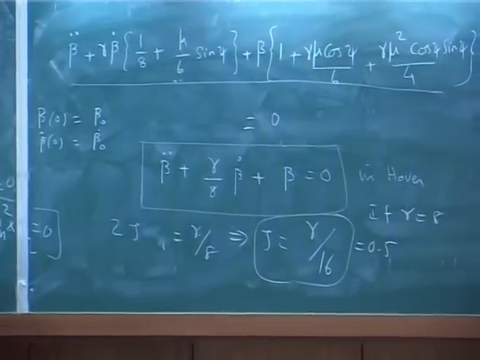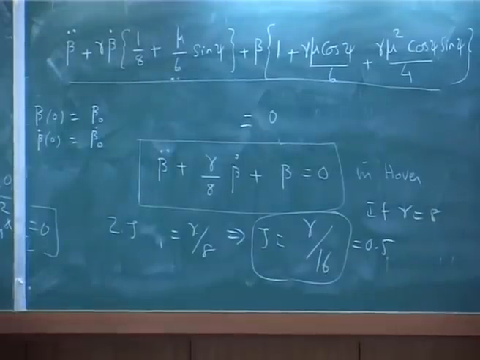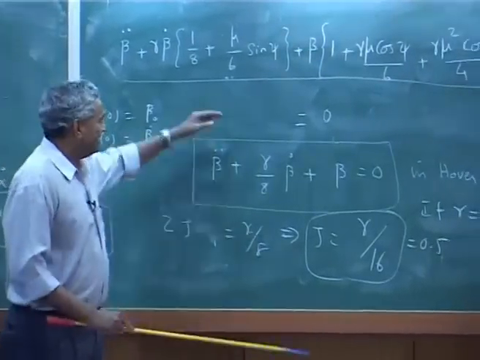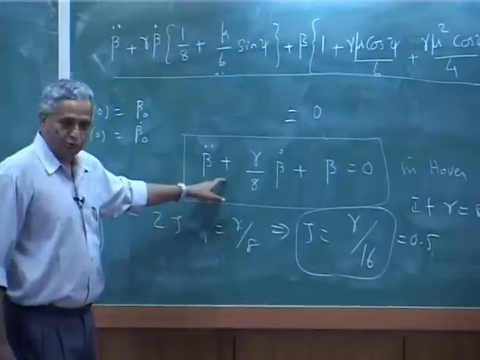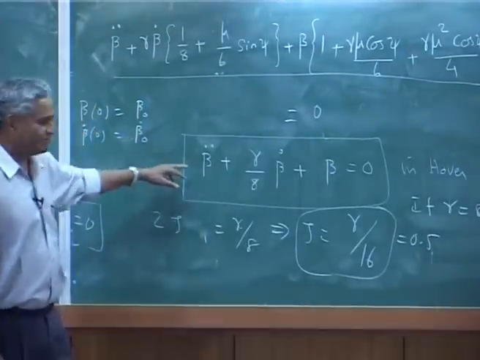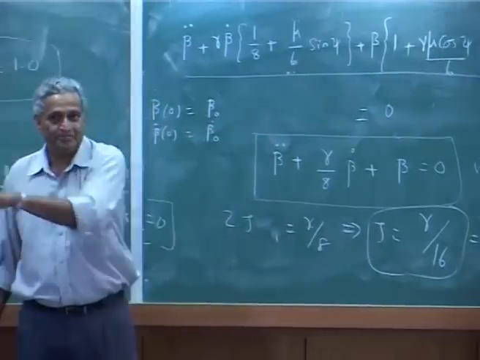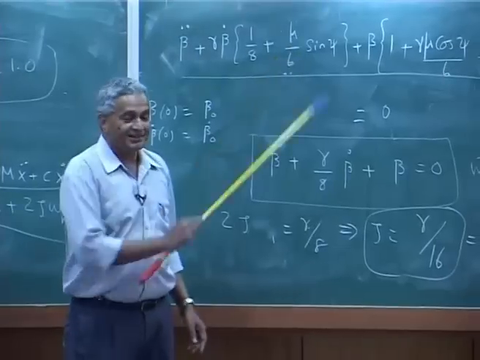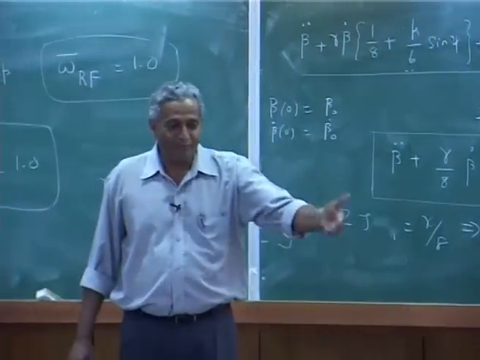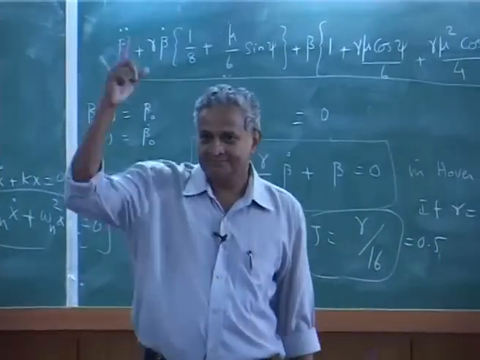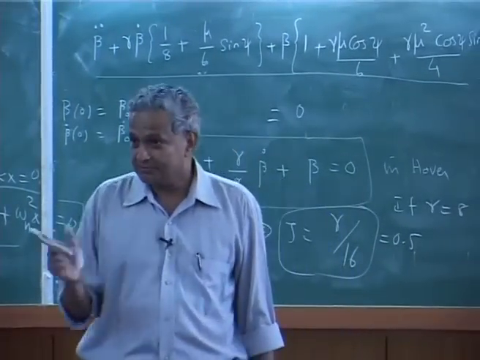You will find, just for theoretical academic interest, for some values of mu, even if you give a disturbance, you know that if you give an initial condition it will damp out because you have a damping, it will decay. Whereas for values of mu beyond 1.3 or so, it will never damp out.